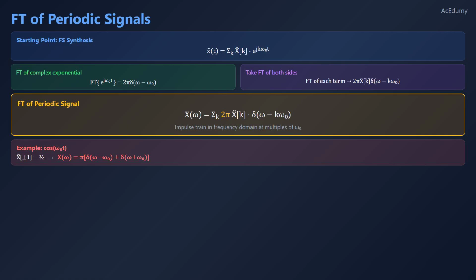Therefore, the FT of cos(ω0t) equals π δ(ω minus ω0) plus π δ(ω plus ω0). Two impulses in the frequency domain at plus and minus ω0.